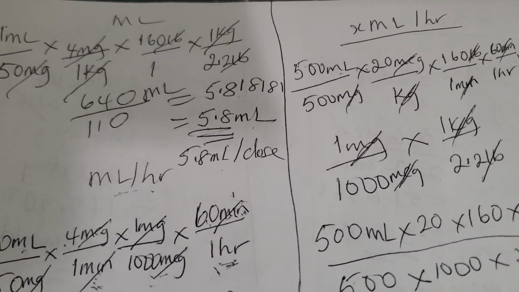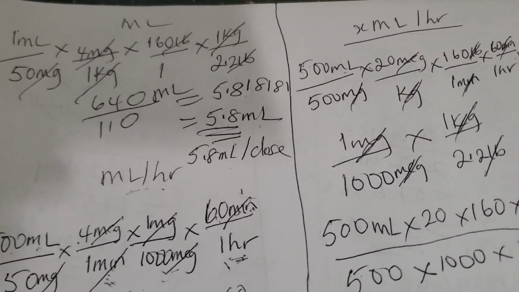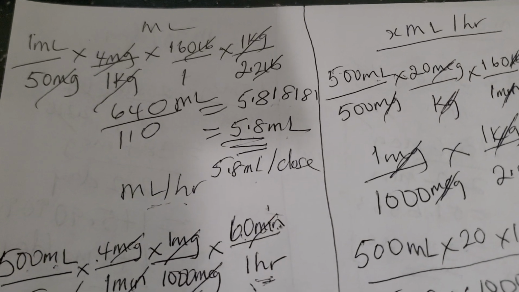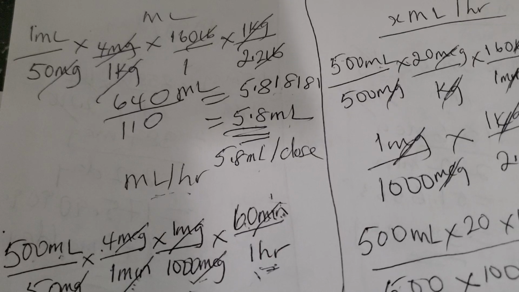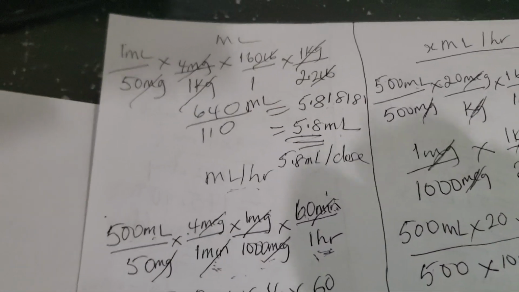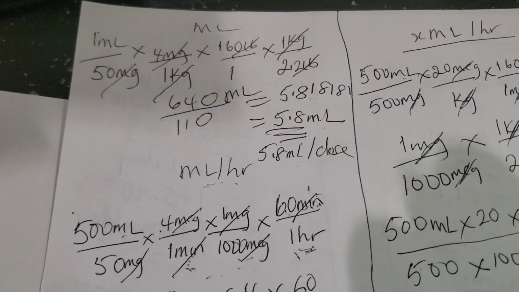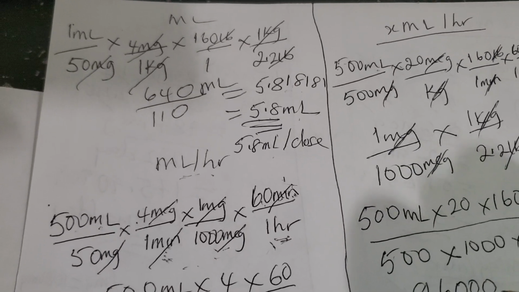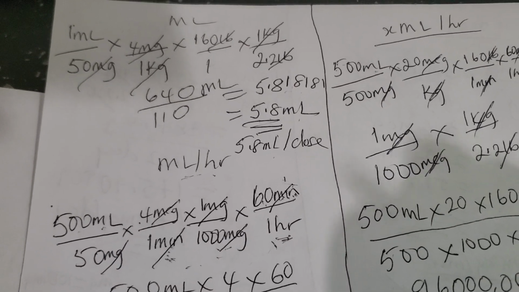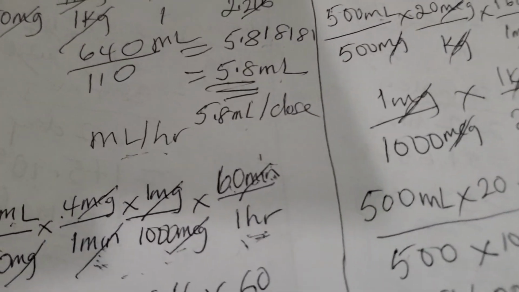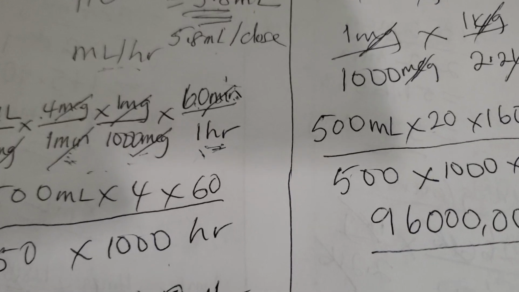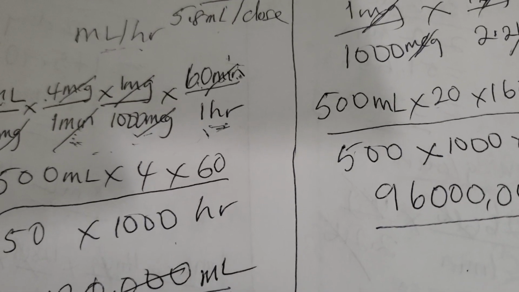So we have these 3 zeros here, 3 zeros here, and another. Wow, 96 million. 6 of the zeros is what it came up to.